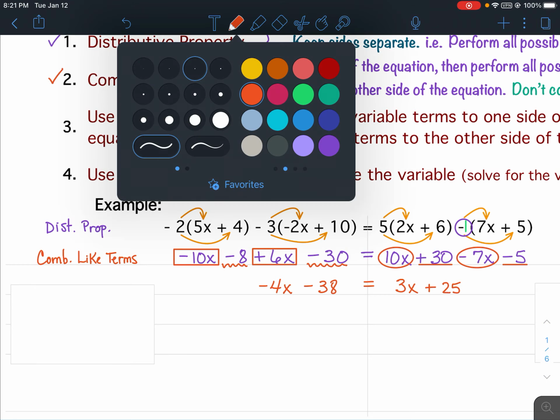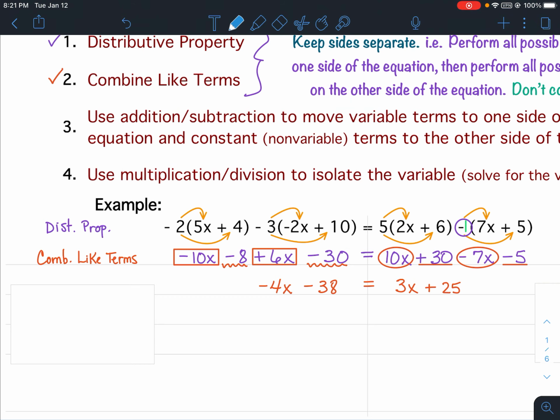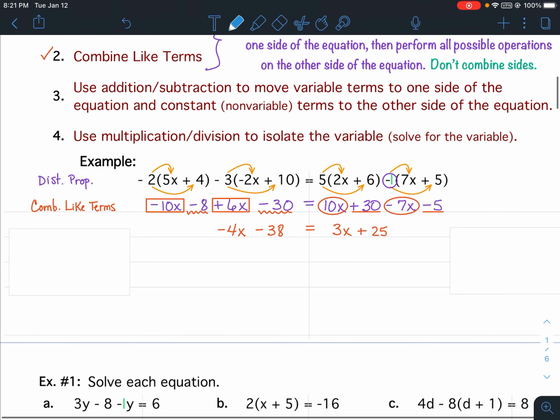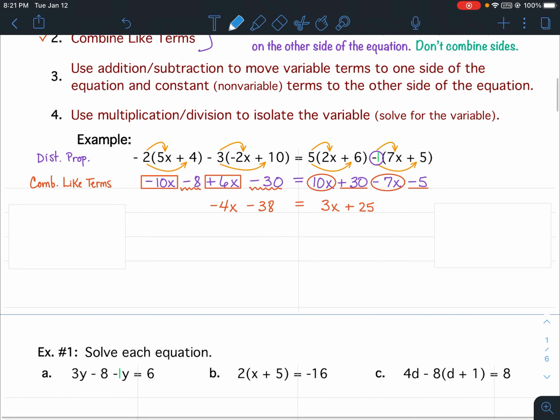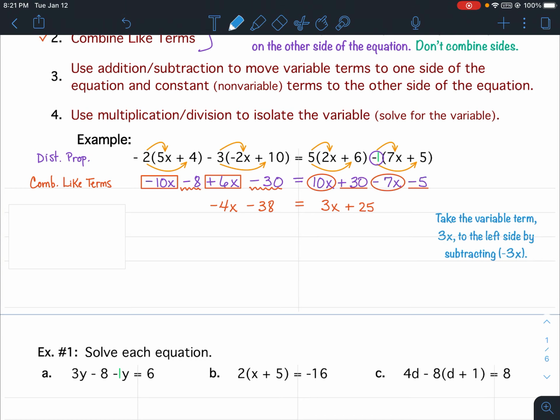Now, step 3 is going to be something we've never done before. So this is where you need to pay close attention. Step 3 says use addition and subtraction to move variable terms to one side of the equation and constant terms to the other side. Now, I'm going to do this in one step. Some people might teach you to do this in 2 steps. I'm going to teach you to do it in 1 step. Okay, so I want to take my variable term, the 3x, to the left side of the equation.